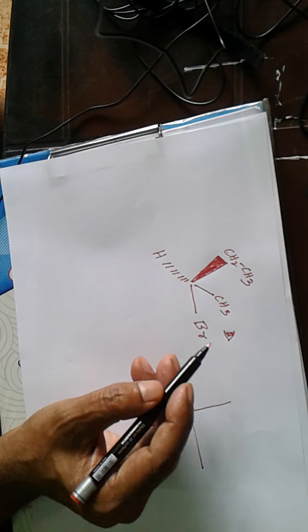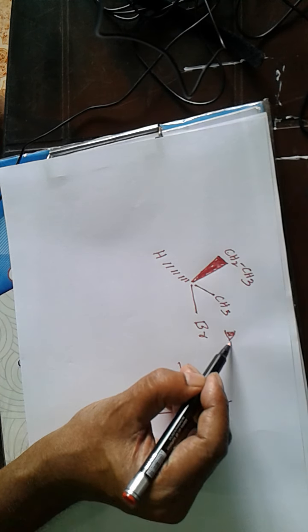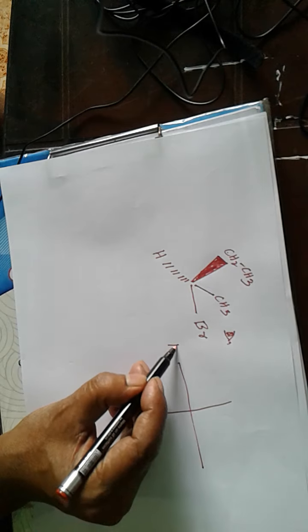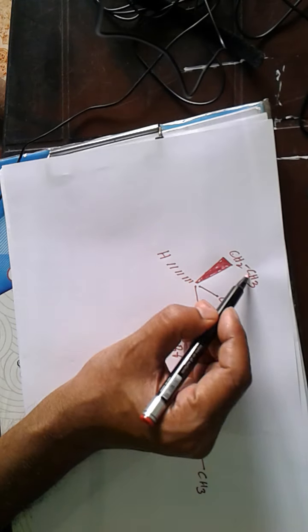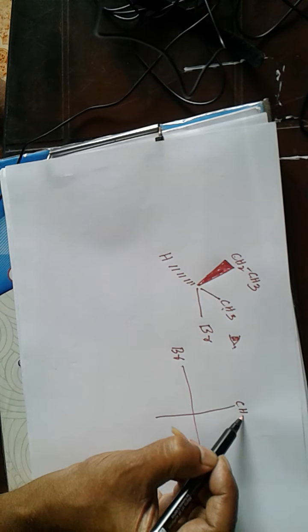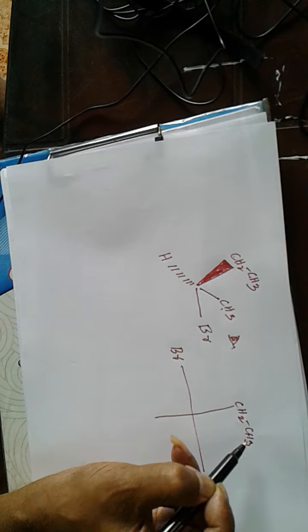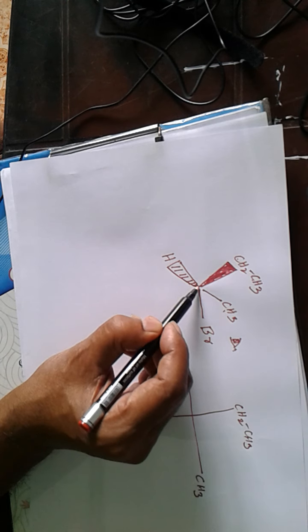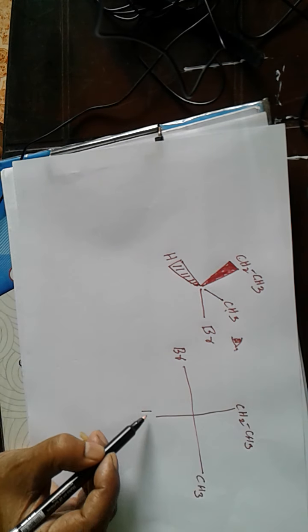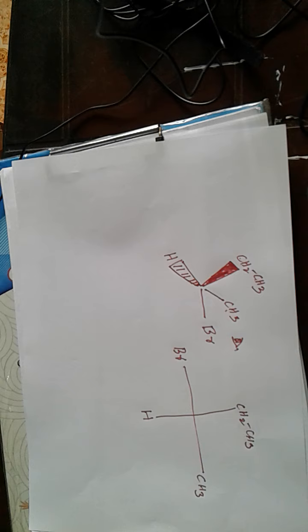Here bromine is on his left hand side, so bromine here, and methyl is on his right hand side, so methyl here, and the CH2CH3 is at the top, and the group connected using a broken wedge is written at the bottom of the vertical line.